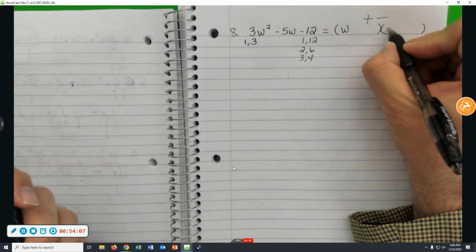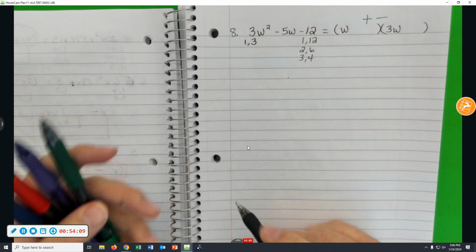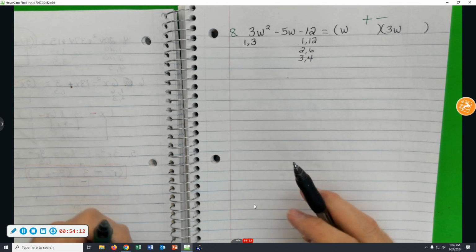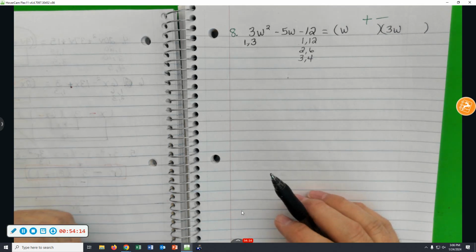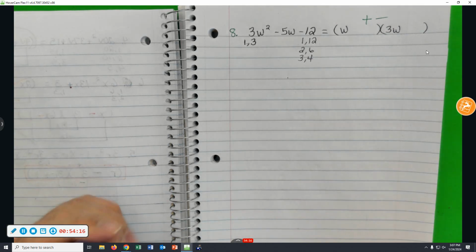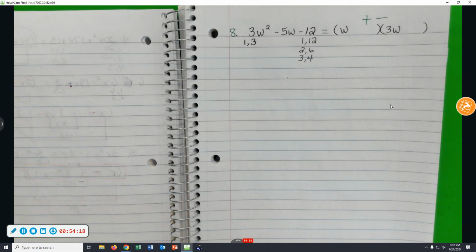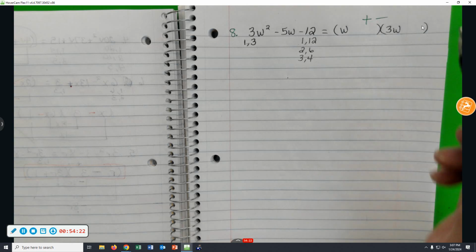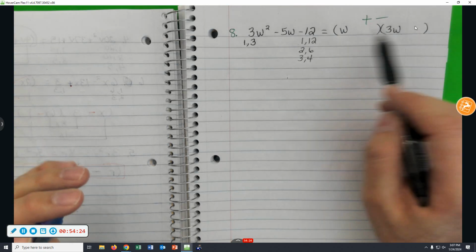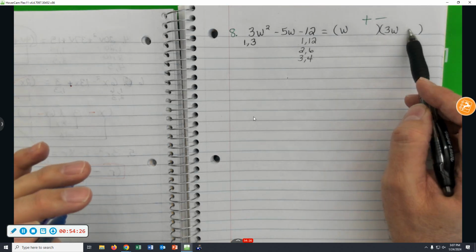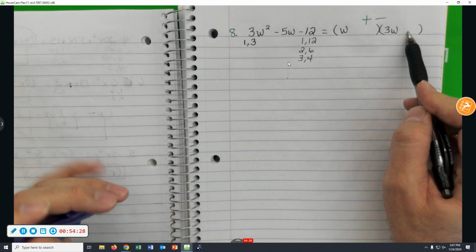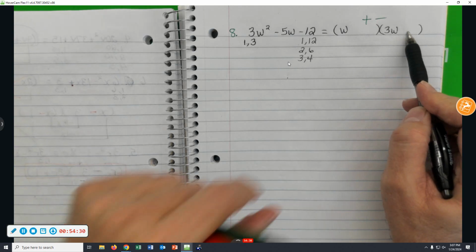1w times 3w. What pair of numbers do y'all feel like trying? 4 and 3? I like the way you said 4 and 3. Can we put the 3 here? If we're going to use 4 and 3, can't put the 3 there. Y'all see that common factor thing really decreases the number of possibilities.